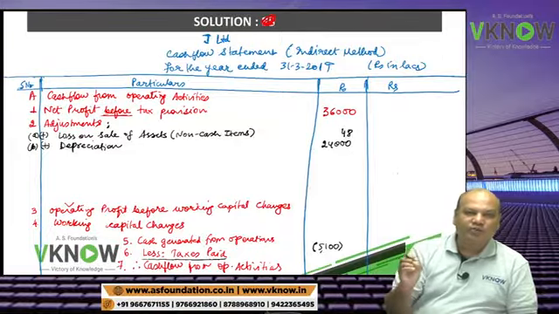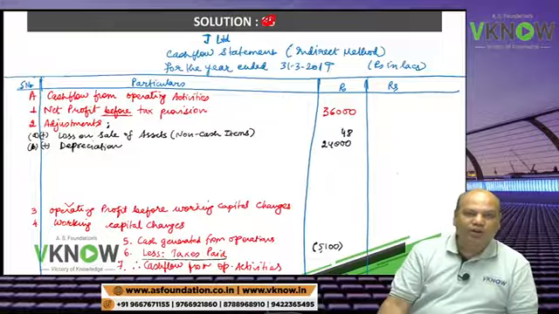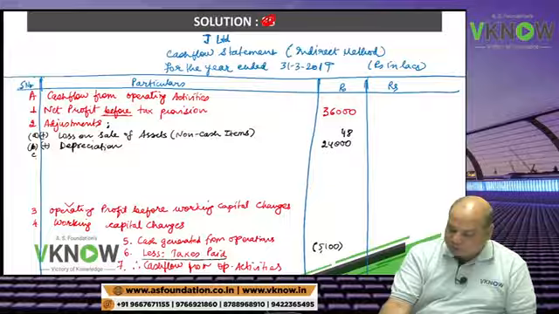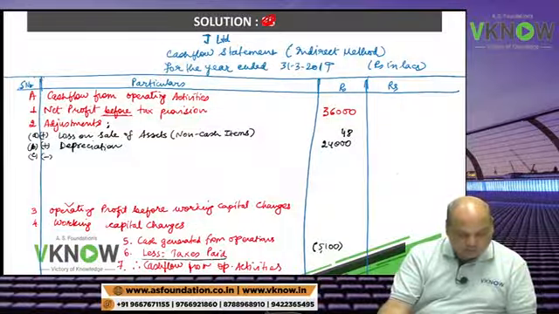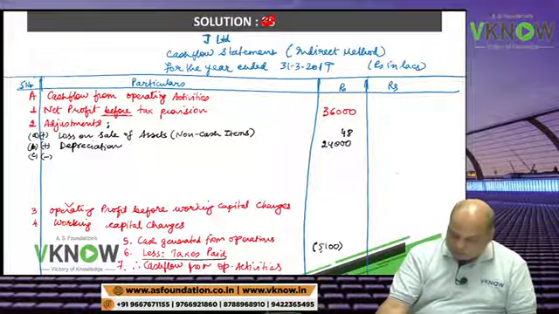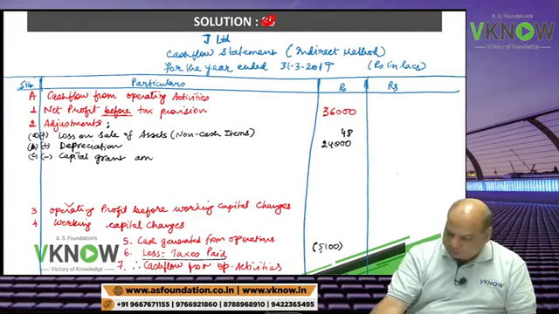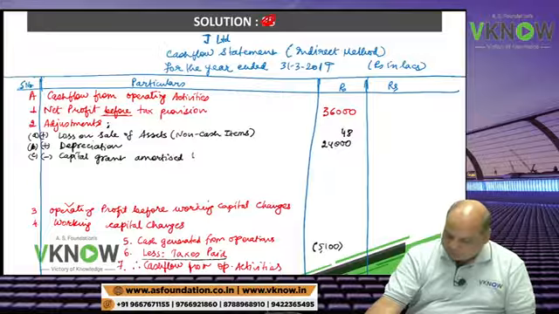So it should be shown in financing activity. Remove from here and show in financing activity the actual grant received. So I will write here point number C, less capital grant amortized to P&L account.